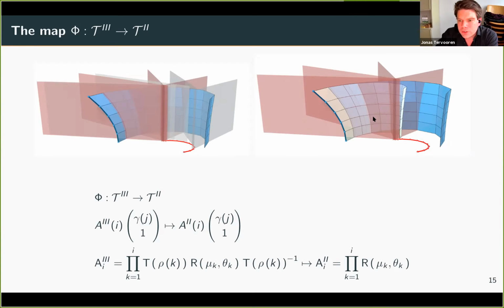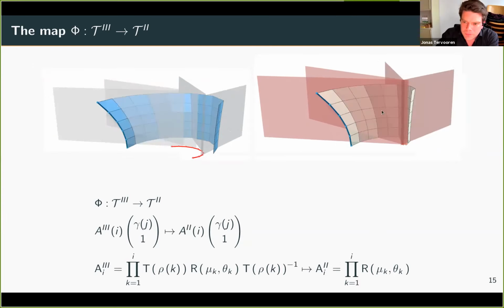Then, after all these planes intersect in this one point, we can construct a new surface such that the edges of the new surface and the old surface are always parallel. Of course, the edge lengths are changed during this process, but doing so, we obtain a new surface which is of type 2 for a given surface of type 3. Algebraically, that just means that if you consider the motion part, you just forget about the translation and only perform the stretch rotation.